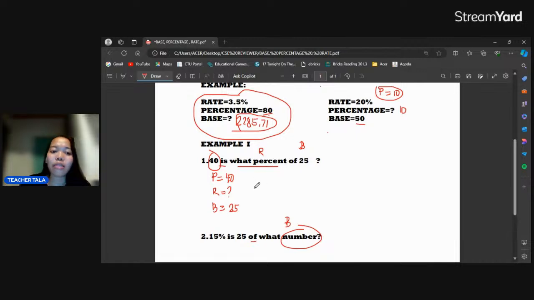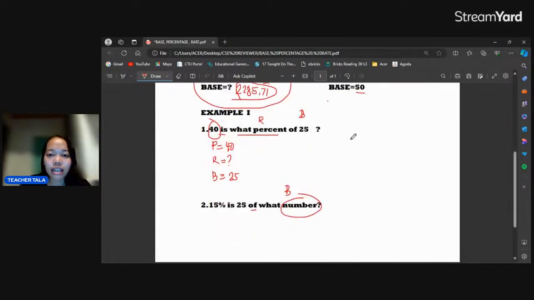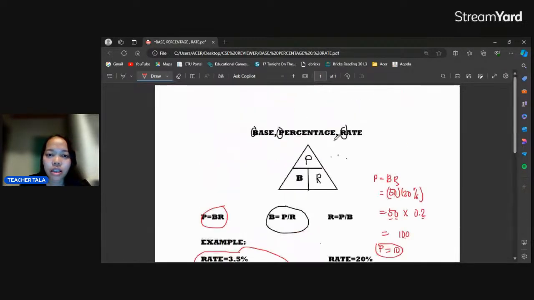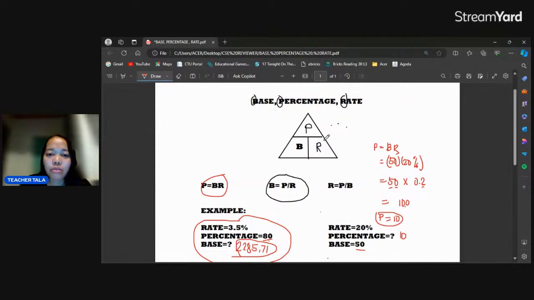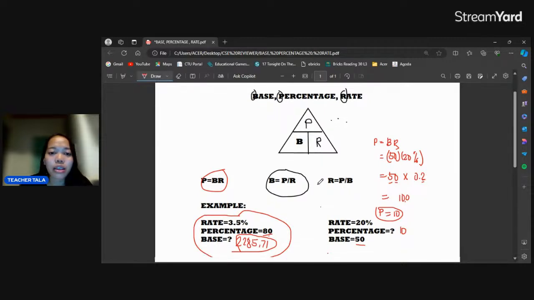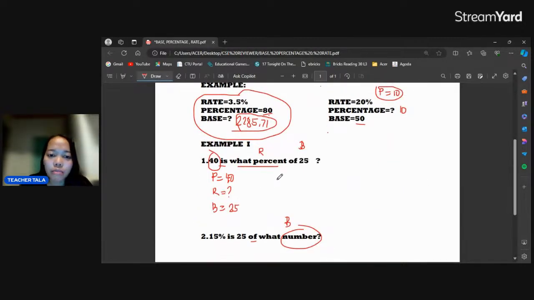Okay, now, balik tayo sa triangle natin. Kapag si rate yung missing, you cover the R, and nasa ibabaw yung P, nasa ibaba si B. So that means R is equal to P over B.